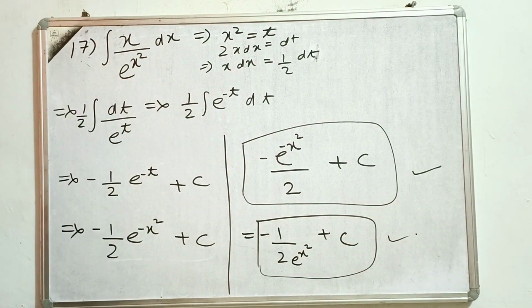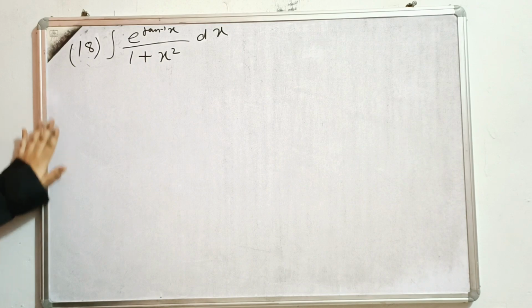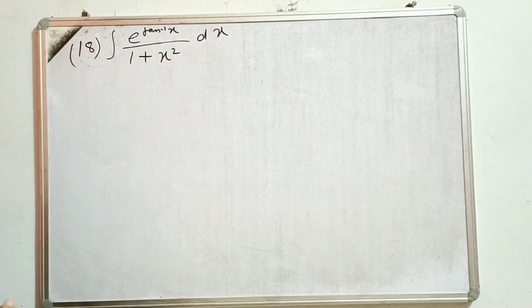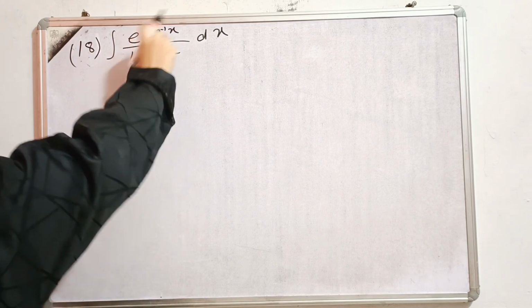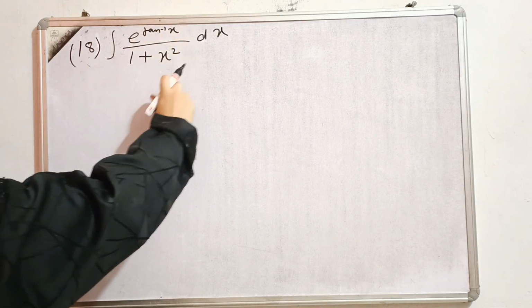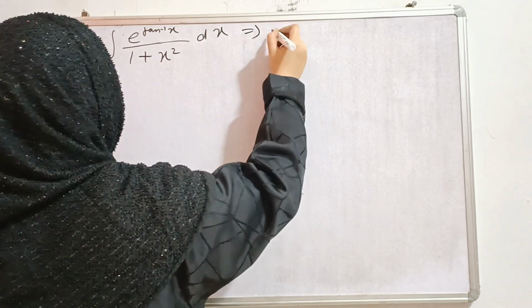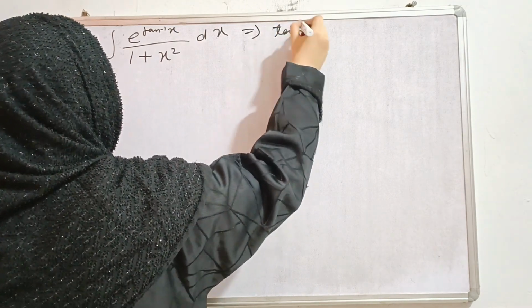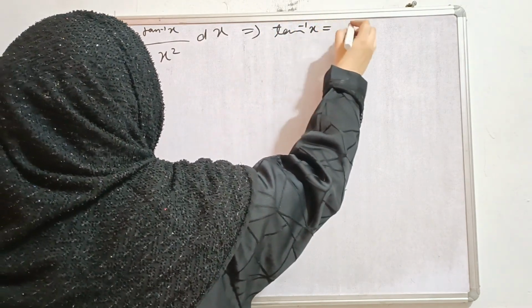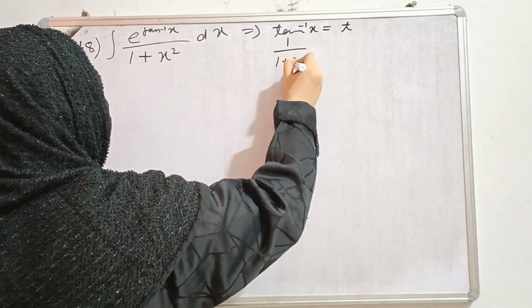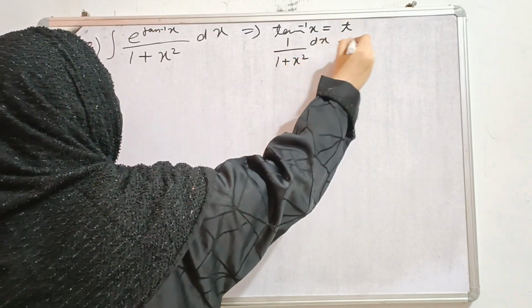Question number 18. Integration of e power tan inverse x upon 1 plus x square dx. We note the derivative of tan inverse x is 1 upon 1 plus x square, but we integrate by the substitution method. So we substitute tan inverse x equal to t. Differentiation gives 1 upon 1 plus x square dx equal to dt.